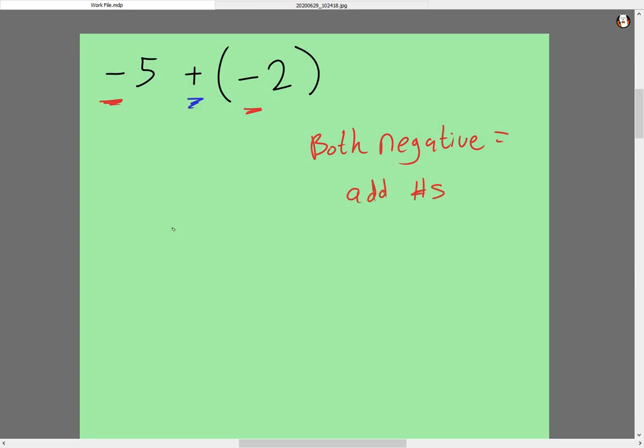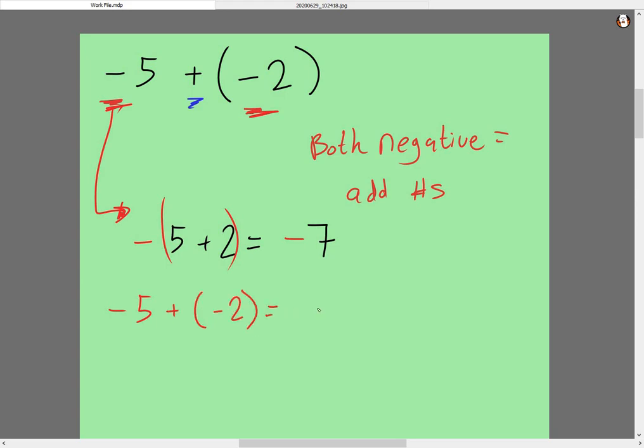So I'm going to take 5 plus 2, and that equals 7. And then, because these are both negative, I bring down that negative. So this is negative 7. So negative 5 plus negative 2 equals negative 7.